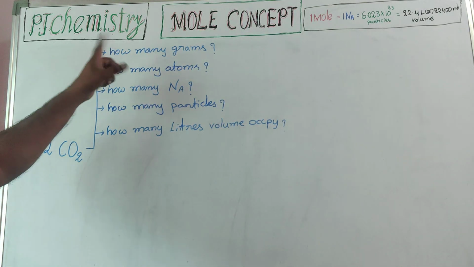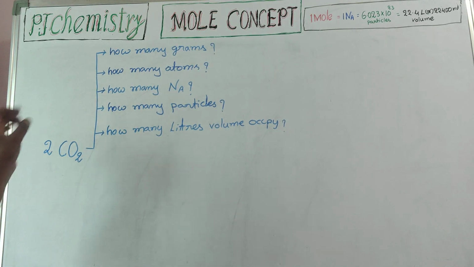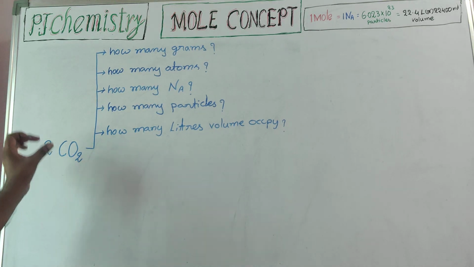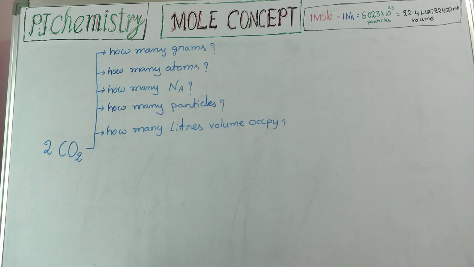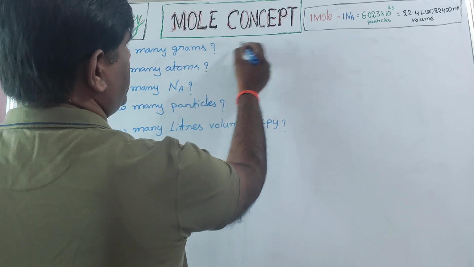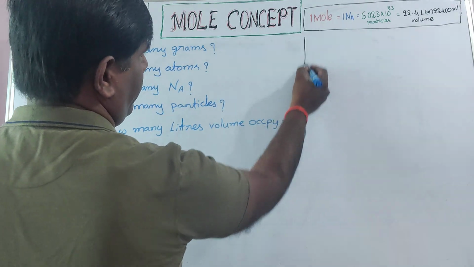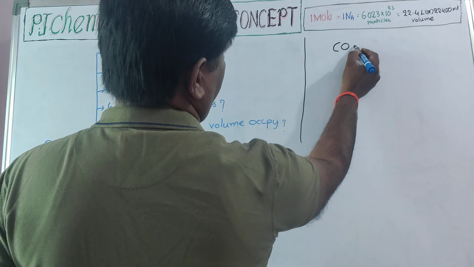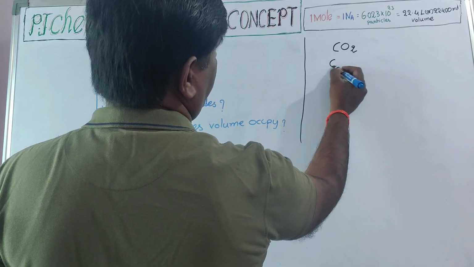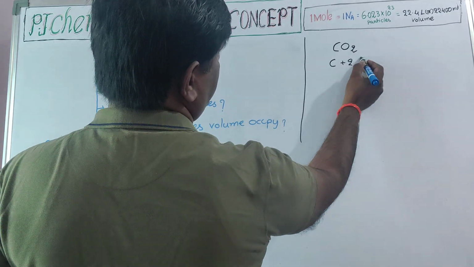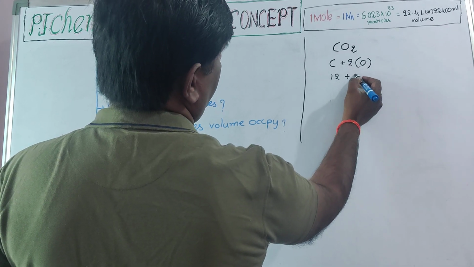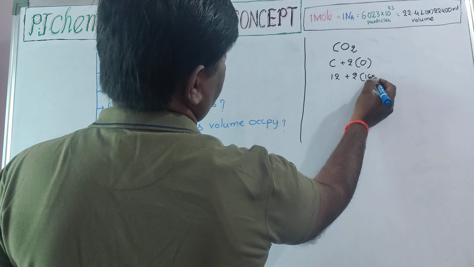Now see here, as per the first question: how many grams? First, 1 mole of CO2 contains how many grams? Carbon dioxide, CO2, its molecular mass: 1 carbon plus 2 oxygens. Carbon mass number is 12, oxygen mass number is 16, so 2 into 16.